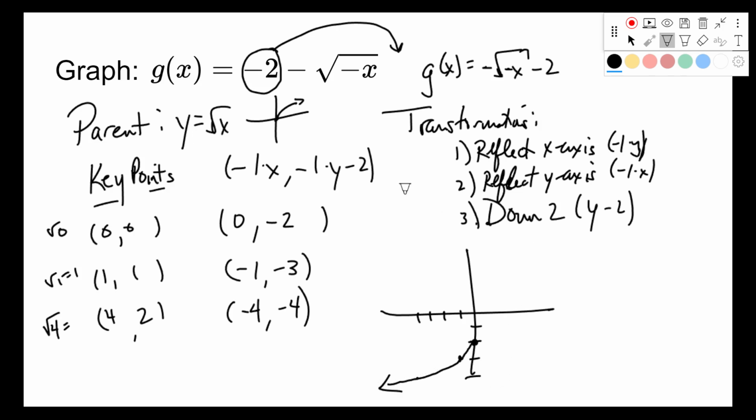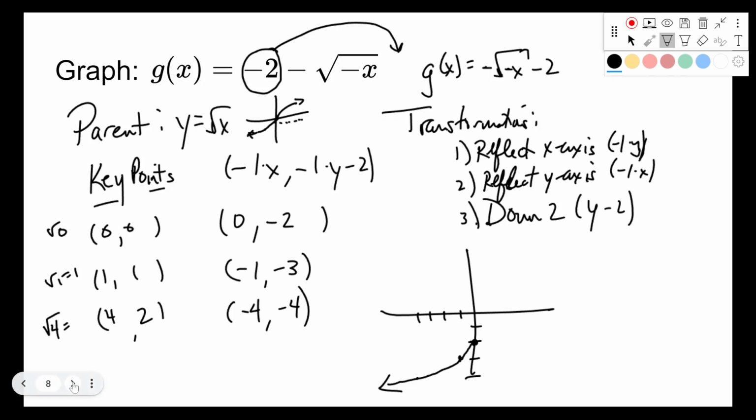There's my graph. And you can kind of see how that would work. If you take this graph, reflect it over the x-axis, you get something that looks like that. And then if you reflected it over the y-axis, it would look something like that, right? So it looks like our graph has the same shape going the correct direction. All right? So that's it for that one.